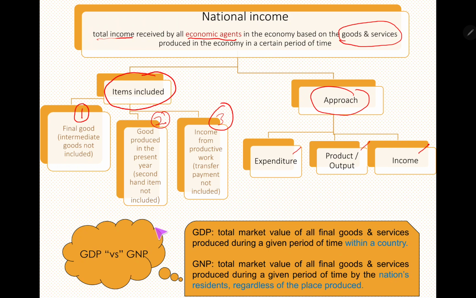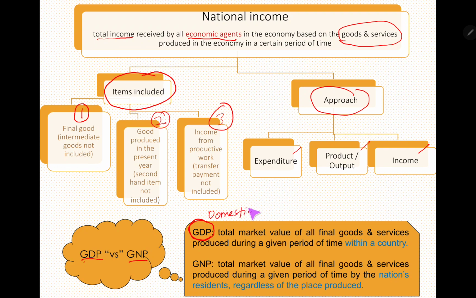So before we move to the formulas for the expenditure, product, and income approaches, you need to know the difference between the concept of GDP and GNP. GDP represents gross domestic product, while GNP represents gross national product. So what is the main difference between these two concepts? Gross domestic product, okay, domestic.